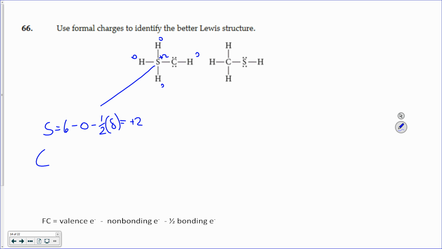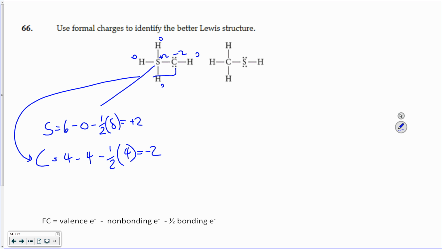So carbon's 4. It has 4 unpaired electrons, less 1/2 of... we've got 2 single bonds, 4. So this one is -2. So +2, -2, everything adds up to 0, so that's a possibility.